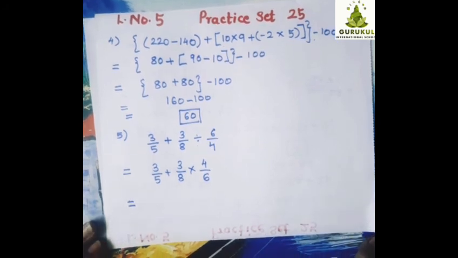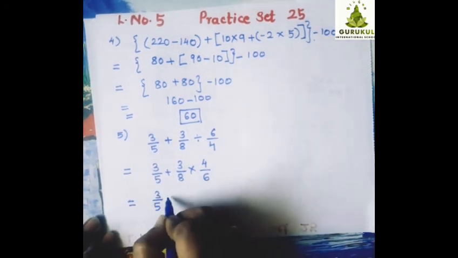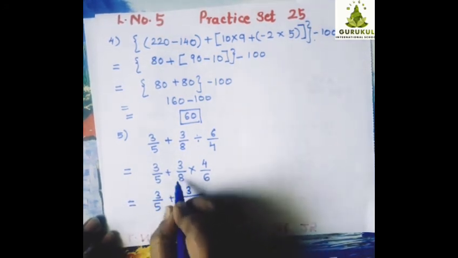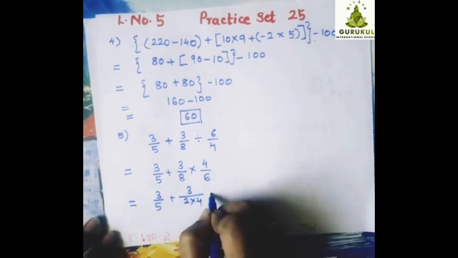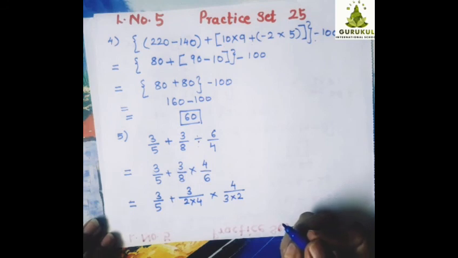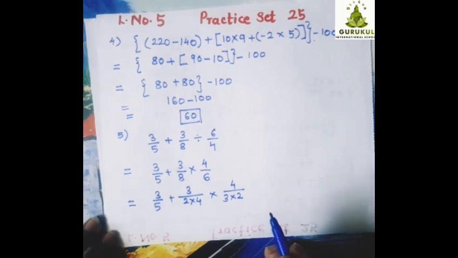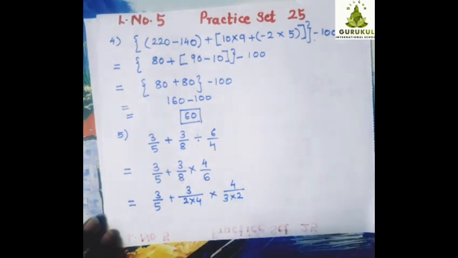So we have to multiply both sides, or you write it split up. 3 upon, instead of writing 8 we can write it as 2 into 4, into 4 upon 3 into 2, correct. What we have done over here is just change the format of this 8 and 6, correct. So what's remaining over here?